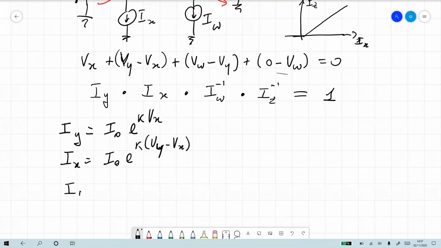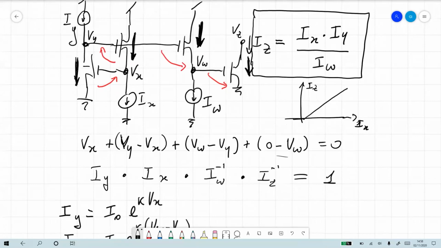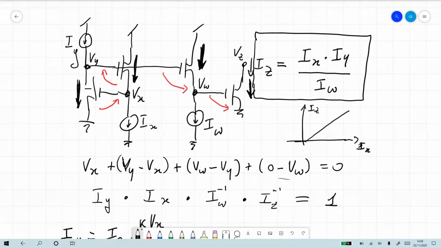I'm just rewriting the equations of the subthreshold transistors. That would be Vy minus Vw.